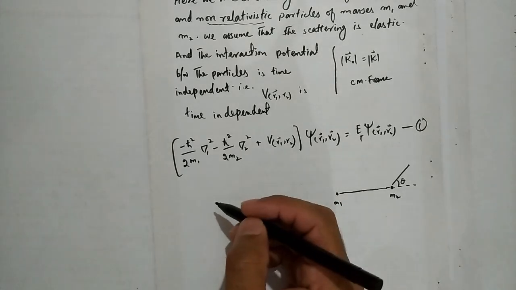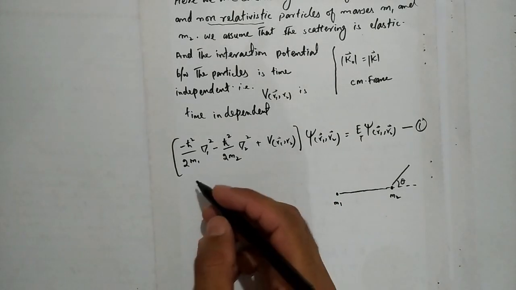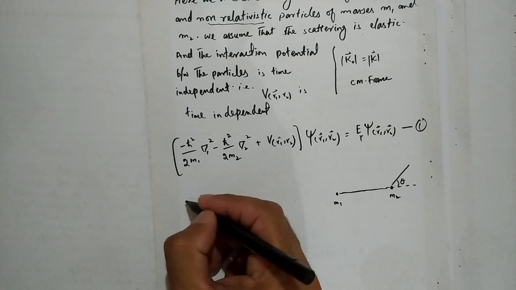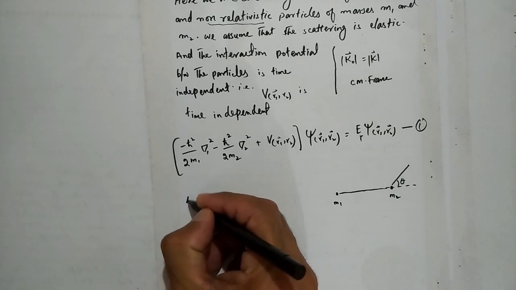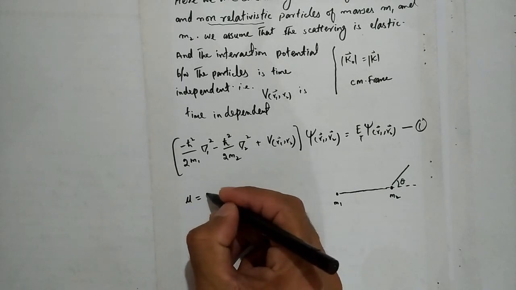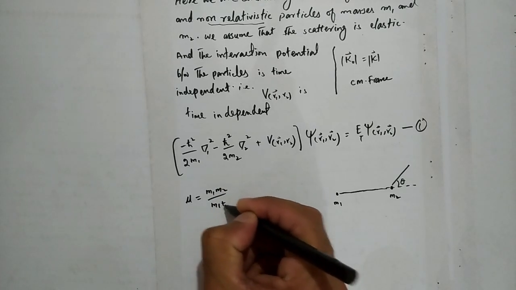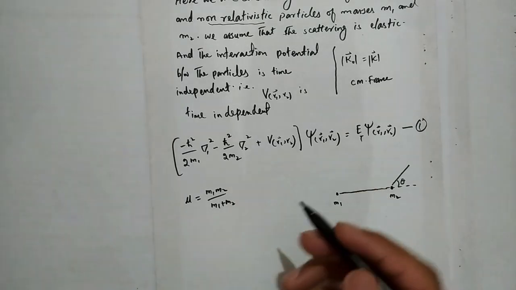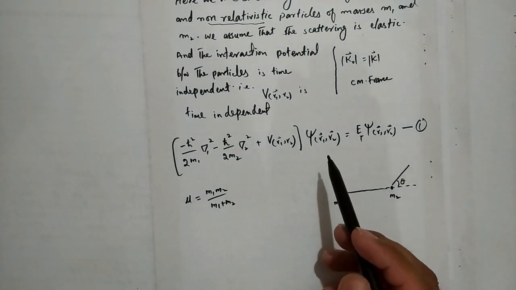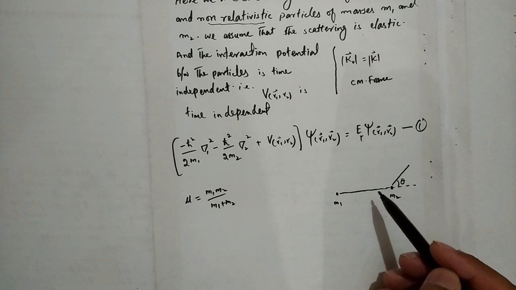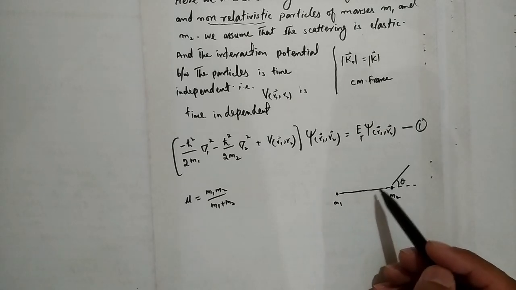That is, mu is the reduced mass, m1 m2 upon m1 plus m2, which is moving in the potential V of r.